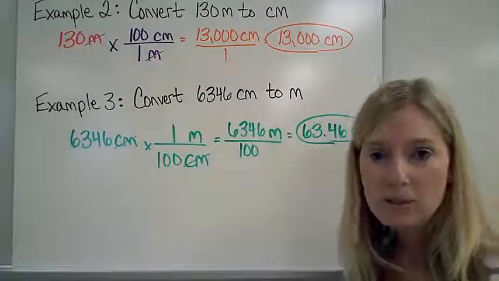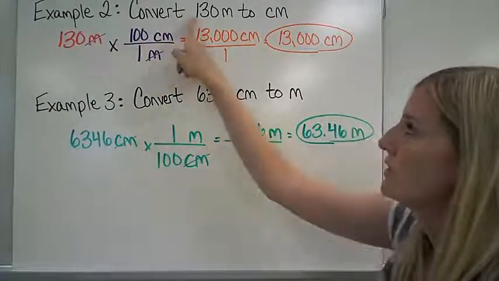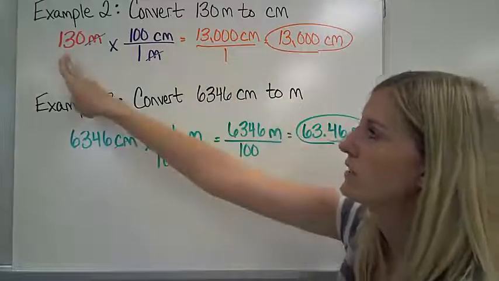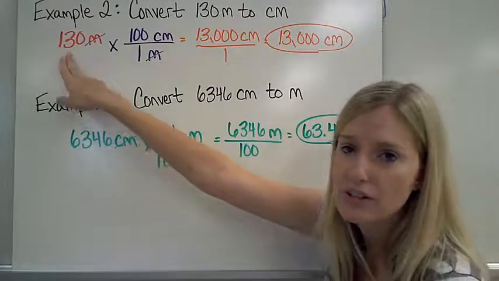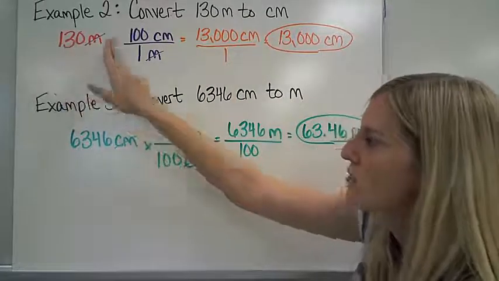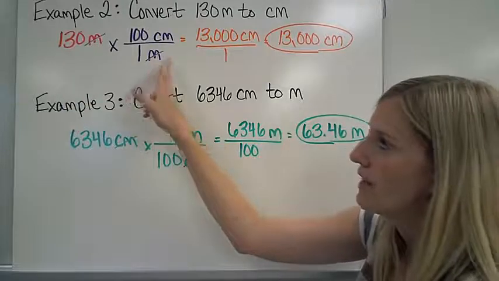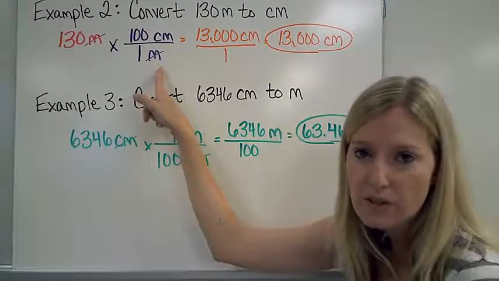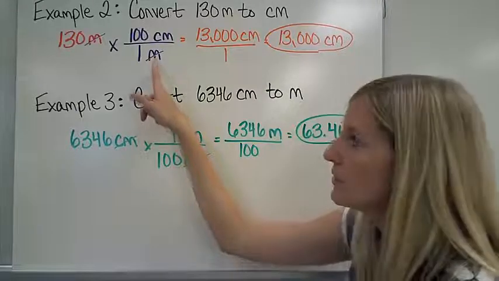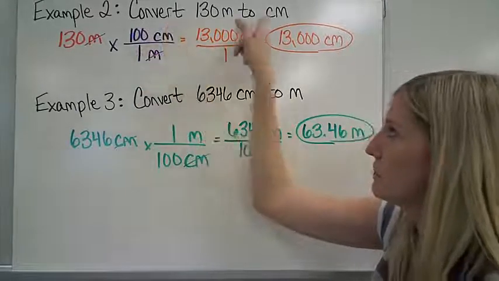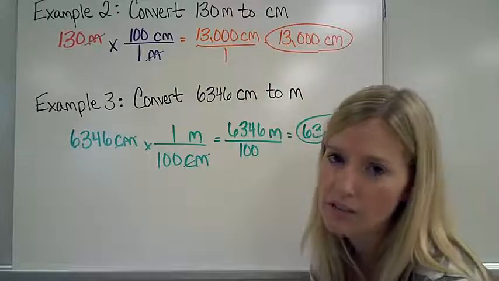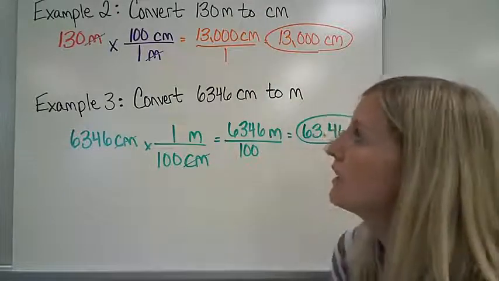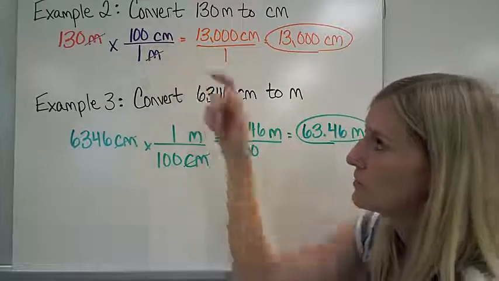Okay, example 2. Convert 130 meters to centimeters. I rewrote my original measurement. I multiplied it by a conversion factor. I made sure that the unit on the bottom was meters so that they would eventually cancel. The unit on the top is centimeters because that's the unit that I'm trying to get to. Then I had to think about which one is larger.